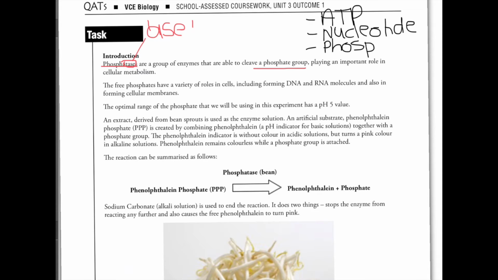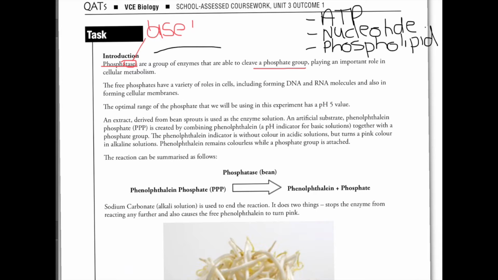This basic understanding comes from chapter 1. I think it's really important you apply it to all of the topics that we cover throughout the year. So if you need to go back over that because you didn't get that cue, make sure you do, please. Okay? So phosphatase, a group of enzymes that are able to cleave a phosphate group.